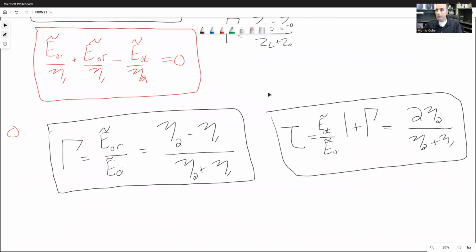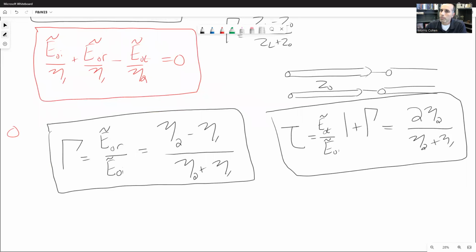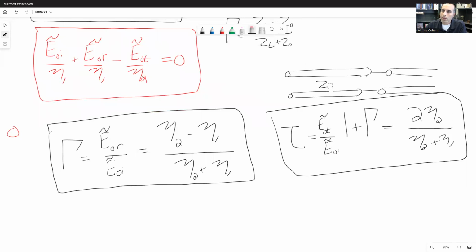All right, so that basically reminds us that a wave reflecting off of a dielectric is going to work exactly the same as how a transmission line wave reflects when we have Z0 and it reflects at a boundary with another transmission line. Let me just be consistent. I'll call these Z1 and Z2.